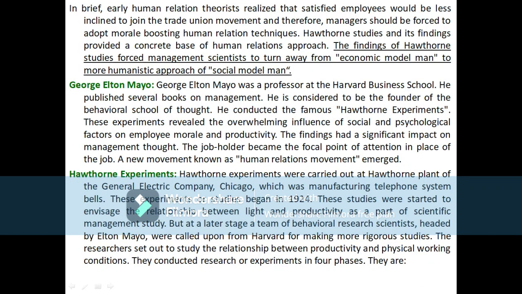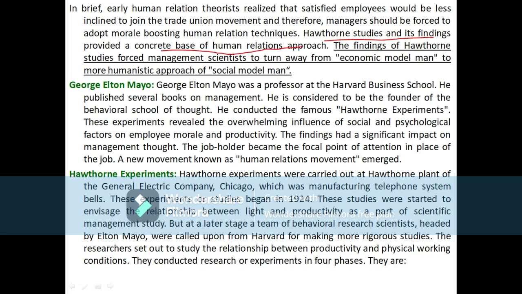Then if we see briefly about human relations, the theorist, the person who is behind this and what the experiments are. The Hawthorne studies and their findings provide a concrete base for the human relations approach.